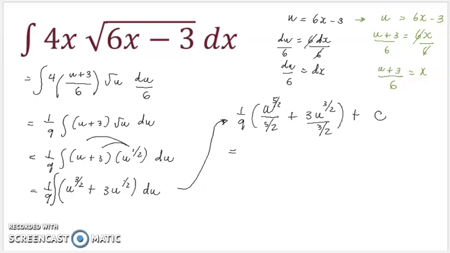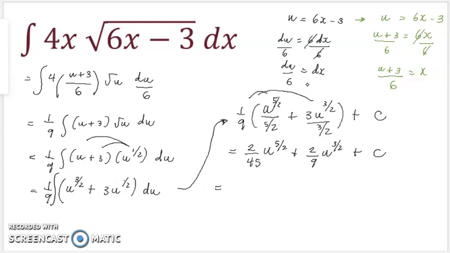Then let's distribute the 1/9 to these two terms. So we have 2 over 45 u raised to 5/2. Then this is 2 over 27 times 3, 6 over 27. In lowest term, that will be 2 over 9 u raised to 3/2 plus c.